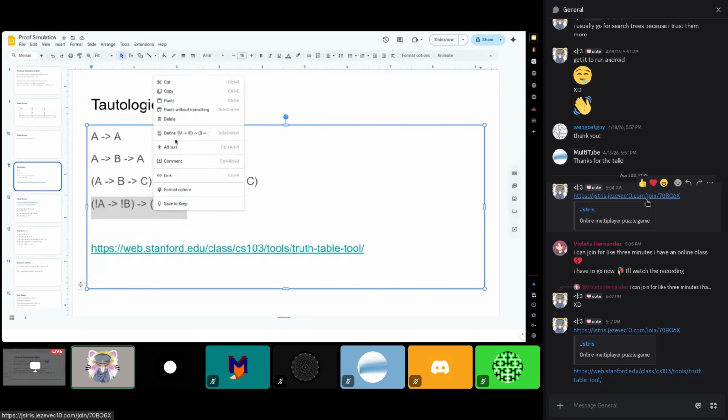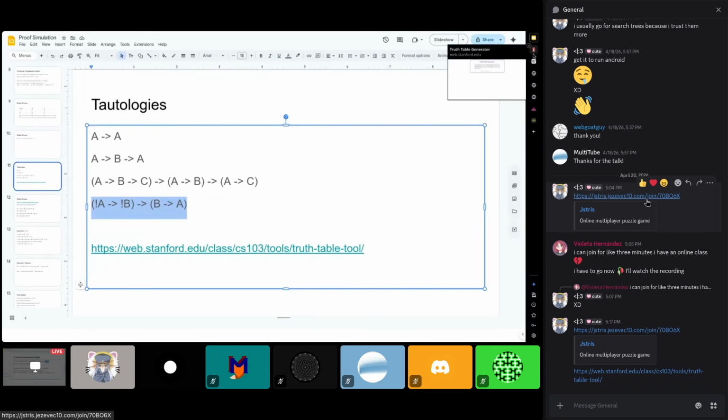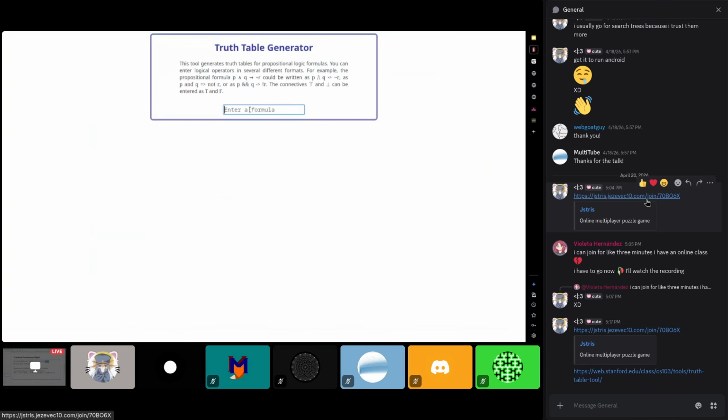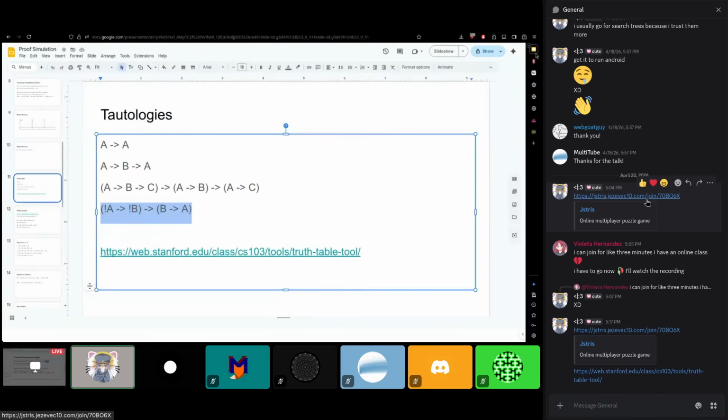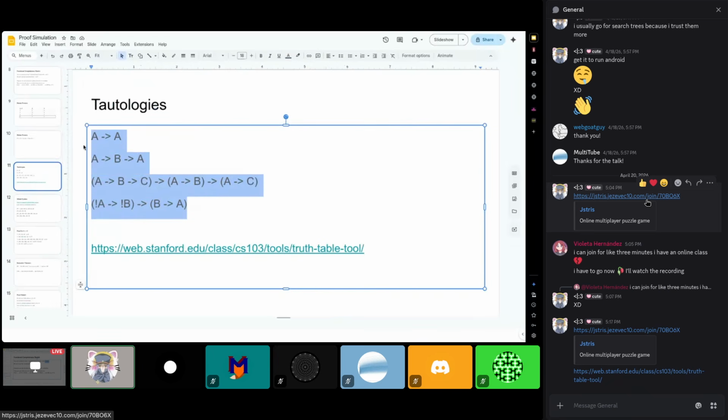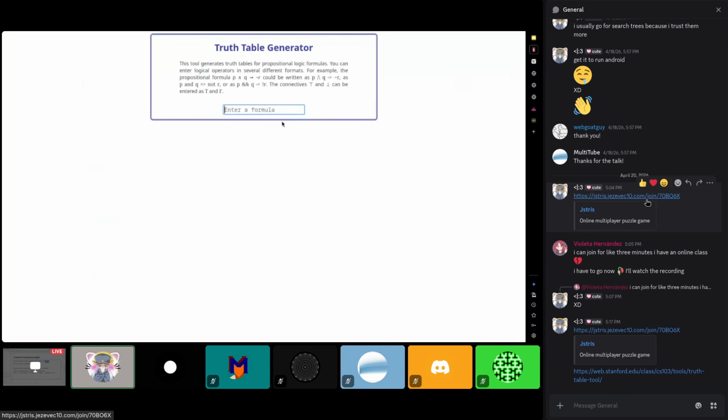I'm having no luck copy pasting things. All right, you're just gonna have to trust me that when you put these into this tool here, it'll give you back a truth table, and they're always true as the output.